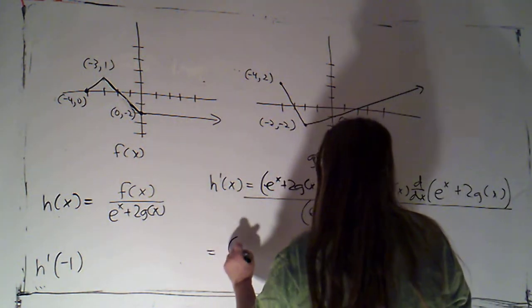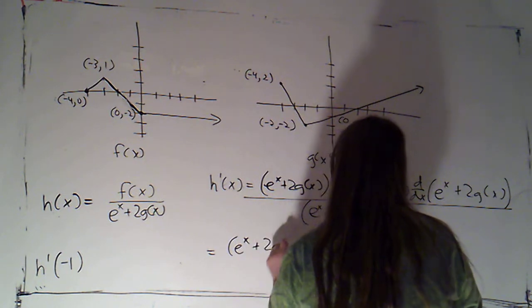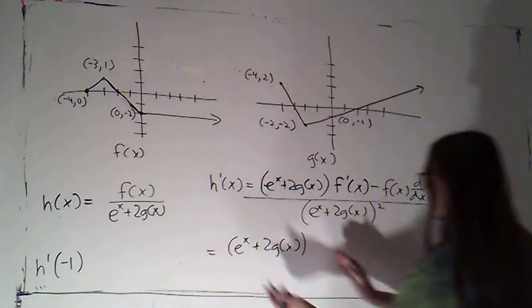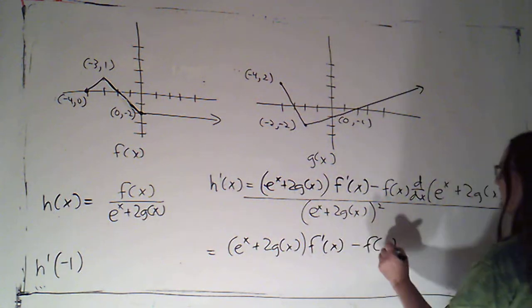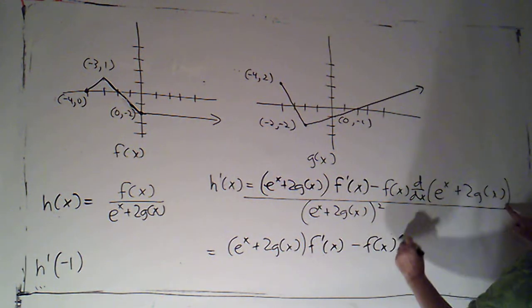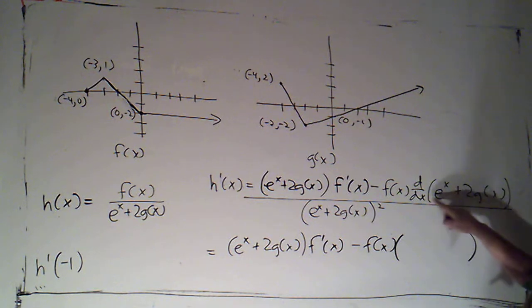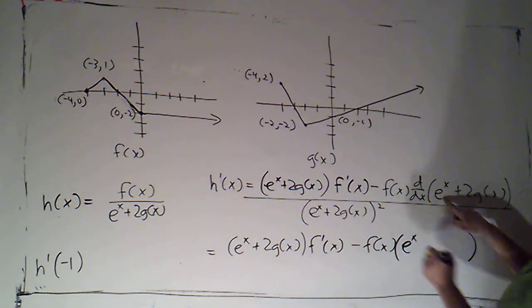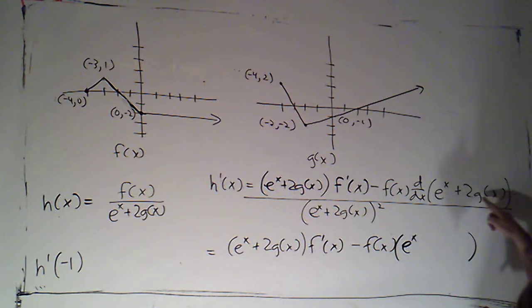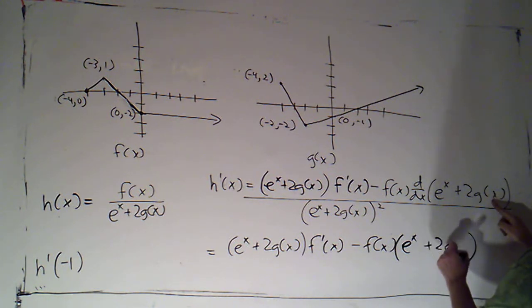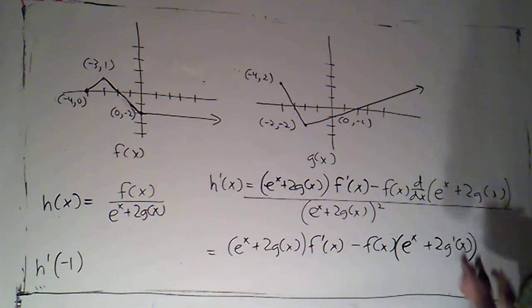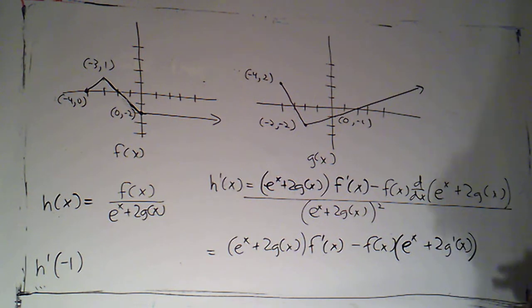Now I want to go back and evaluate any d by dx's that I have. That's going to be e to the x plus 2g of x, in parentheses, times f prime of x, minus f of x, times, in parentheses, the derivative of e to the x, which is e to the x. Here I've got 2 copies of g of x, and the constant multiple rule says I'm going to get 2 copies of g prime of x.